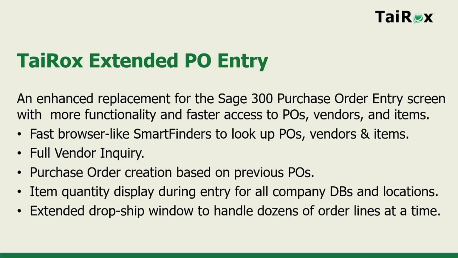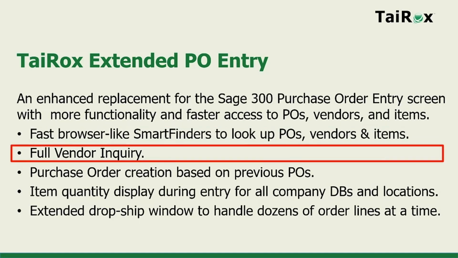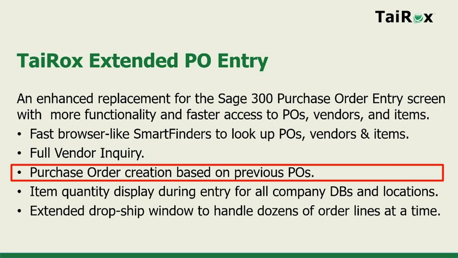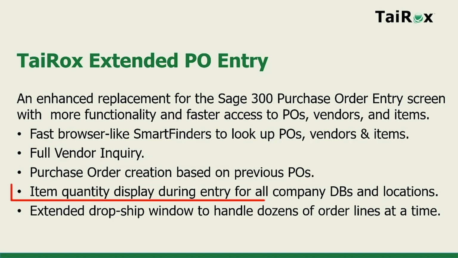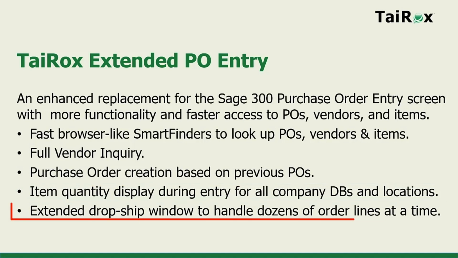Extended PO entry features include smart finders to look up purchase orders, vendors, and items, vendor inquiry with up to 20 tabs of vendor information, purchase order creation based on previous POs, an item quantity display at the bottom of the entry screen, just like in order entry, as well as an optional display of quantities at other Sage 300 companies and locations, and an extended drop ship function that can handle dozens of order lines in one operation.